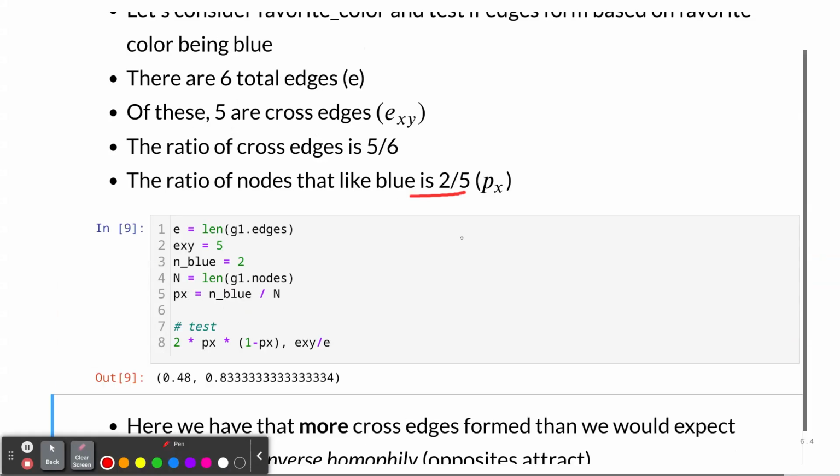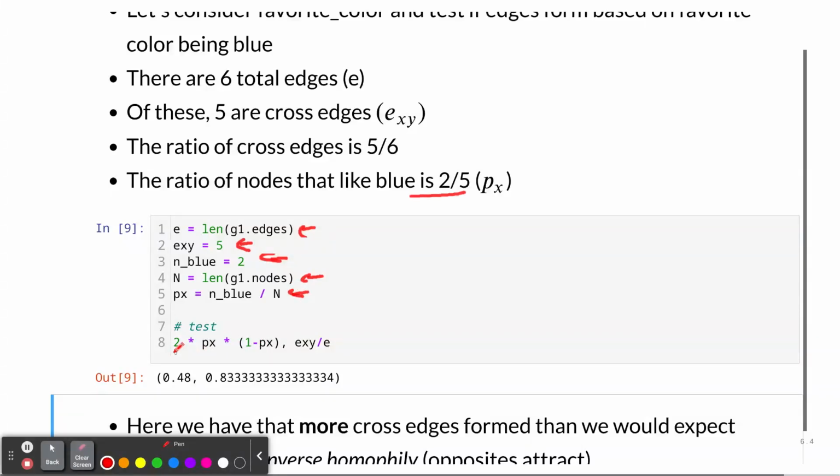And so now we'll do our test here. We have our E, how we're going to compute it from the graph. We counted the number of edges that were crossed. We have the number of blue nodes, the total number of nodes. We have px.